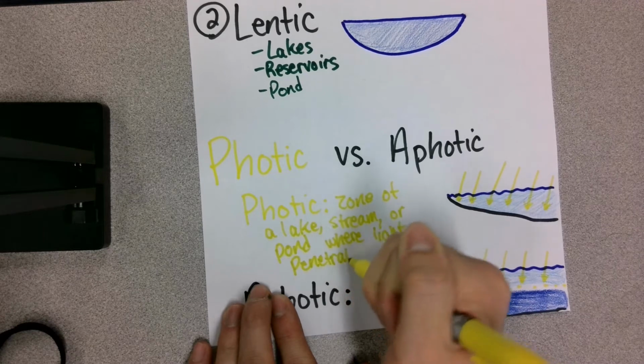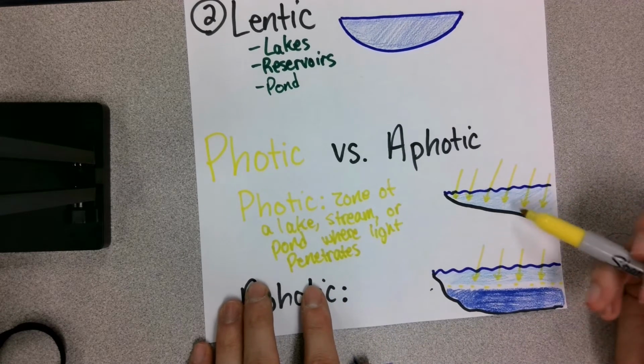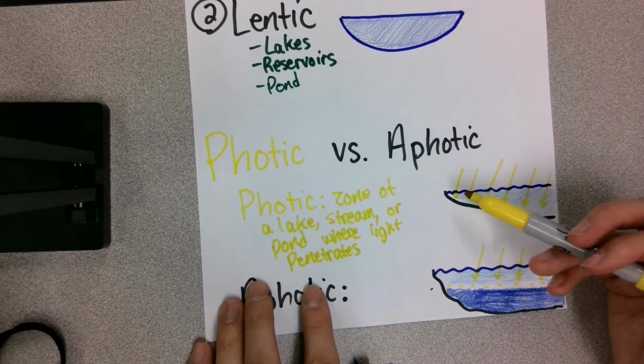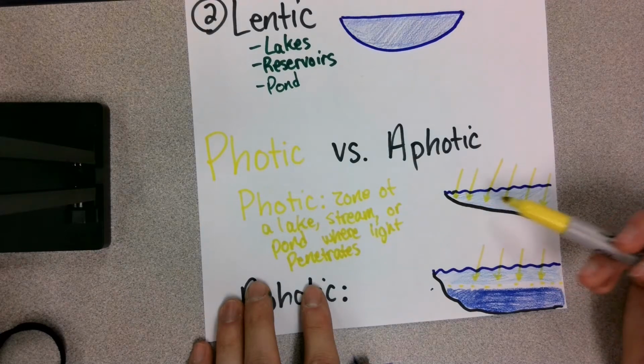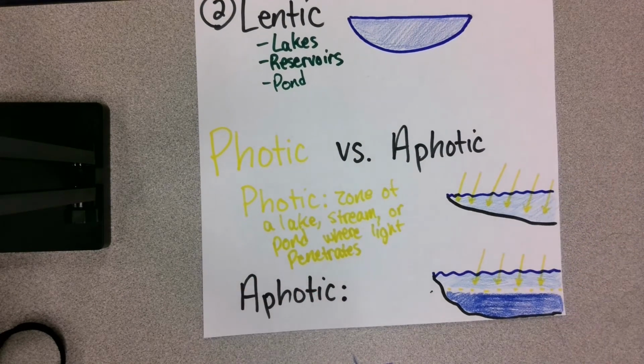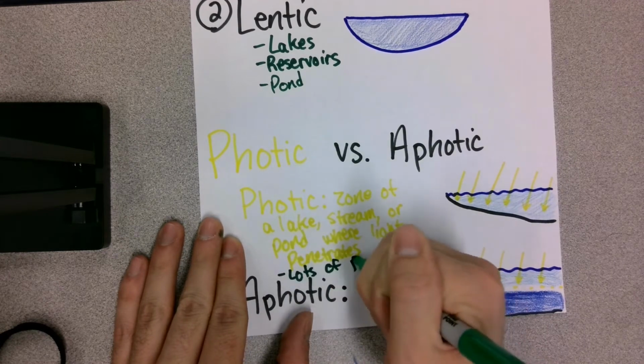Alright, and over here to the right I've drawn this picture to show you that light is reaching this shallow area. This is probably towards the coast of a lake or a pond or something like that, or even a reservoir. Since we have a lot of light here, we are going to have a lot of photosynthesis occurring.